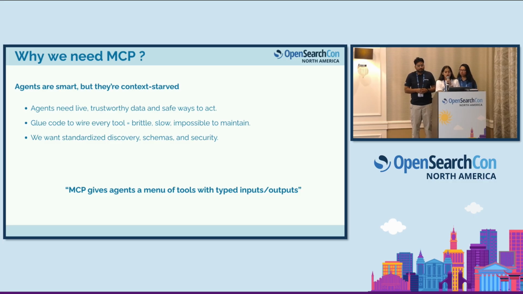MCP gives a menu of tools and typed input and output that make it so easy for agents to connect and share required information. If you give a prompt to an agentic AI, it gathers the information and gives you the results. But for connecting with each and every agent, you need a different bridge, so it becomes a lot of overhead. Rather, we can use an MCP as a single bridge to connect with different agents.